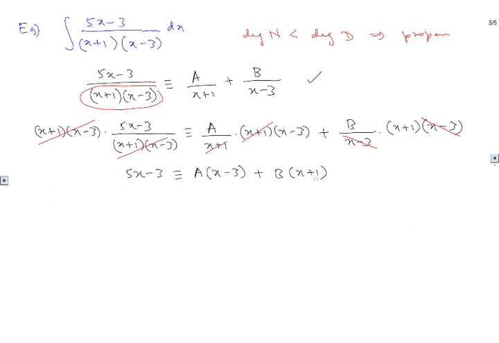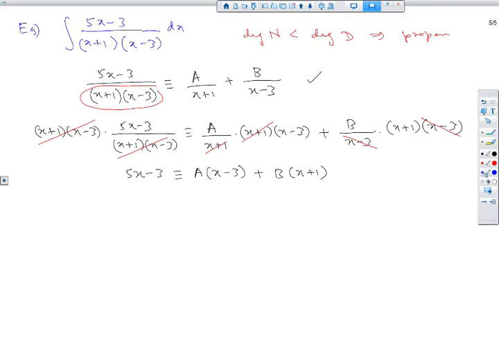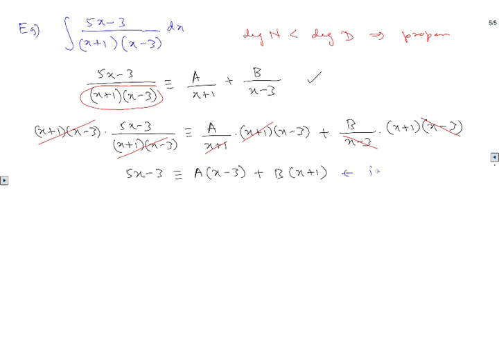Now we're going to use what we call the hybrid method. We're going to first use substitution, because this is an identity. Identity means it's true for any value of x.